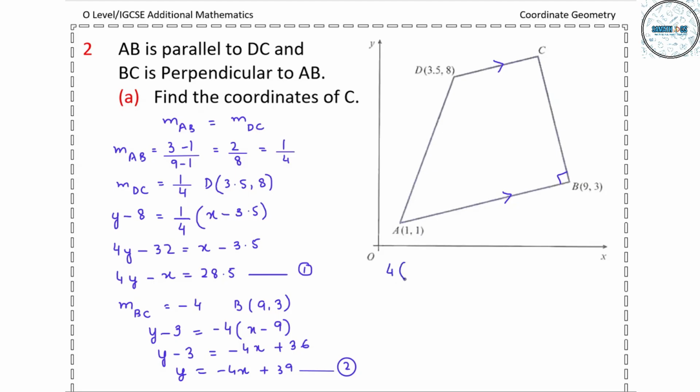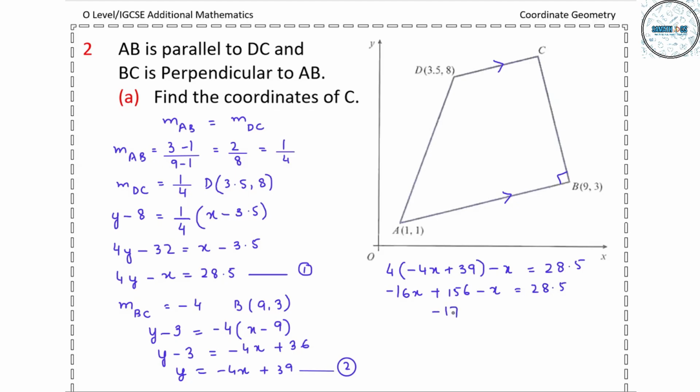So in place of y, we will be writing minus 4x plus 39, so 4 into that, minus x is equal to 28.5. Minus 16x plus 156 minus x is equal to 28.5.